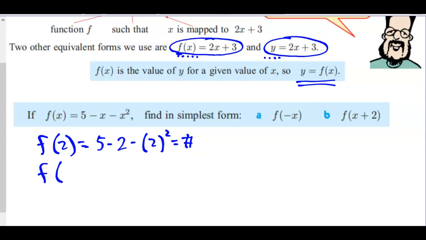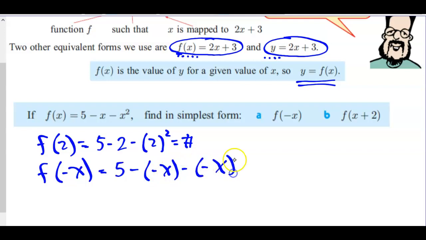If you want to do f of negative x, then you would plug in 5 minus negative x minus negative x squared. Hey, use parentheses. That's going to kind of keep you honest. 5 minus a minus is a positive, minus negative x times negative x is positive x squared, and you're done.